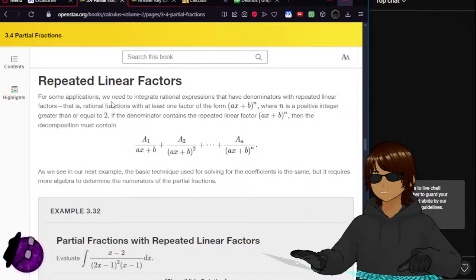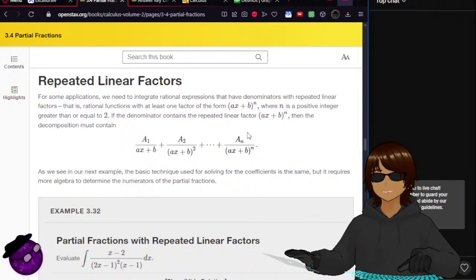For some applications, we need to integrate rational expressions that have denominators with repeated linear factors. That is, rational functions with at least one factor of the form ax plus b to the power of n, where n is a positive integer greater than or equal to 2.